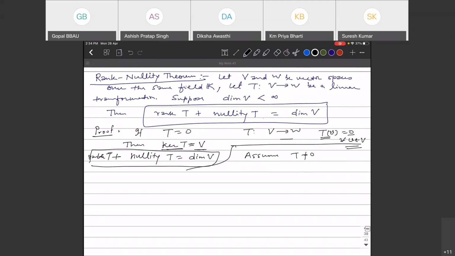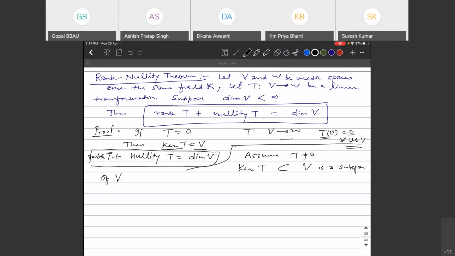First, we all know that the kernel of T is a subspace of V. And the nullity of T is the dimension of the kernel of T. Okay, and it is finite dimensional because V is finite dimensional.